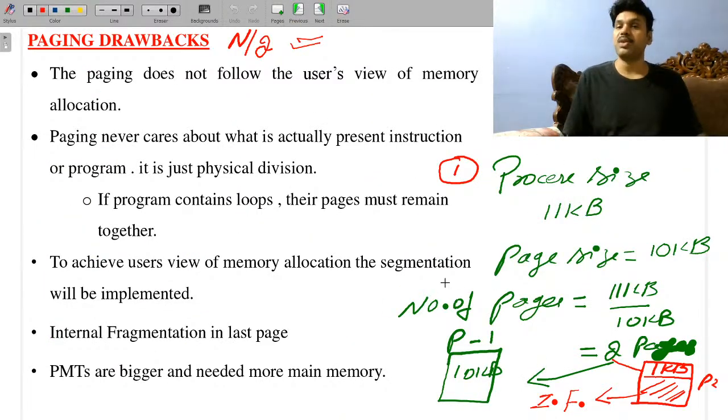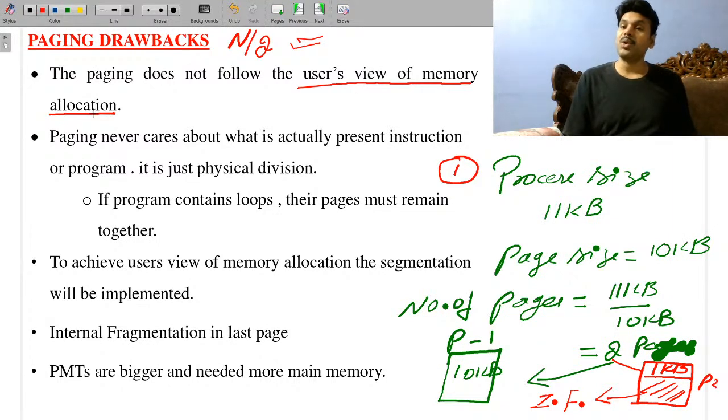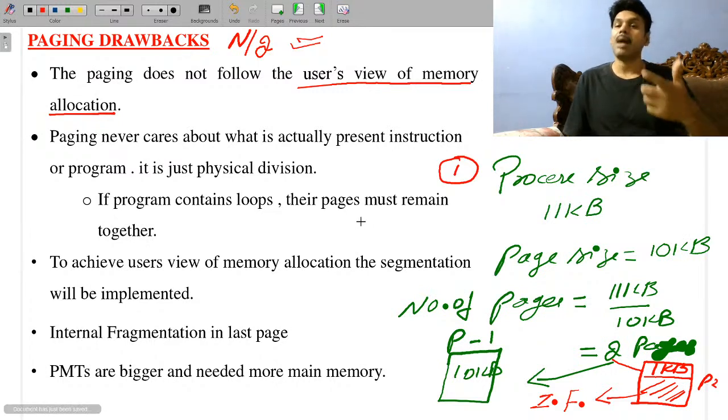Now, first of all, let us see some of the important points in segmentation, whatever I spoke so far. Paging does not allow the user's view of execution. The user's view of execution is nothing but placing module by module on the memory. But paging splits your entire module into smaller pieces according to the size of your pages. And paging never considers what is happening inside.